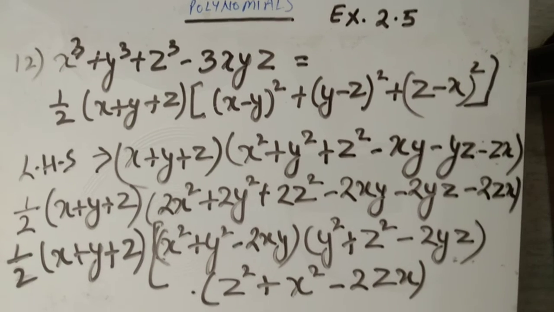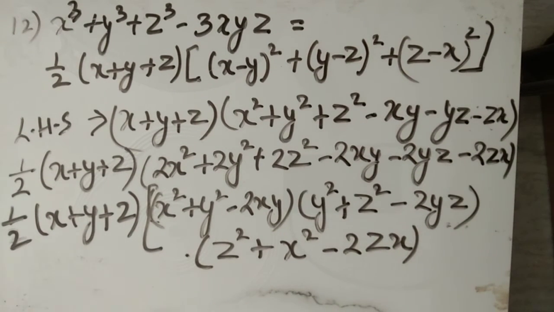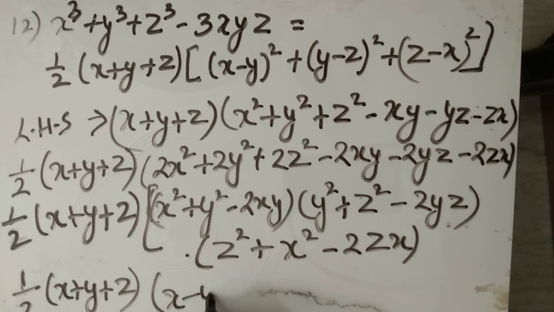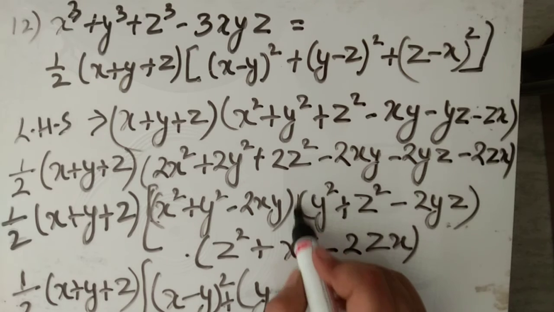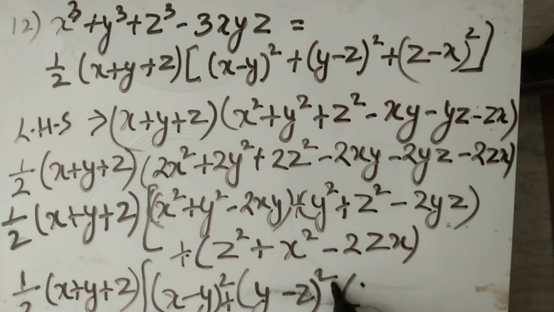Okay, so when you are getting that, you will find your answer, that is half x plus y plus z, and this will be x minus y whole square and y minus z whole square, and plus sign will be there, that we are missing while writing.